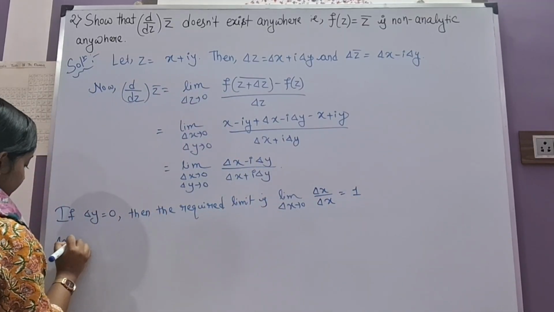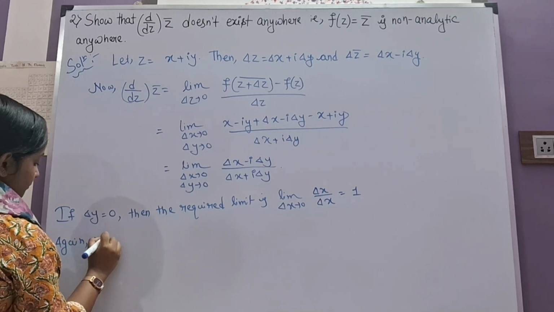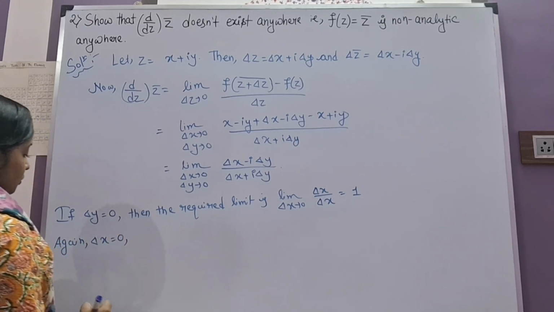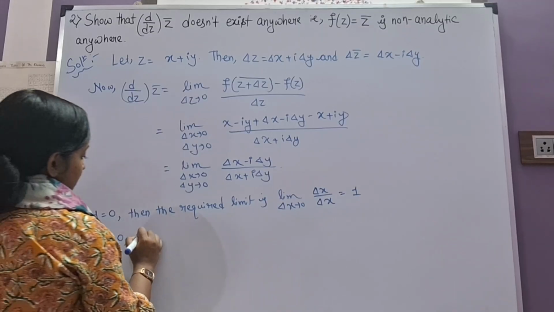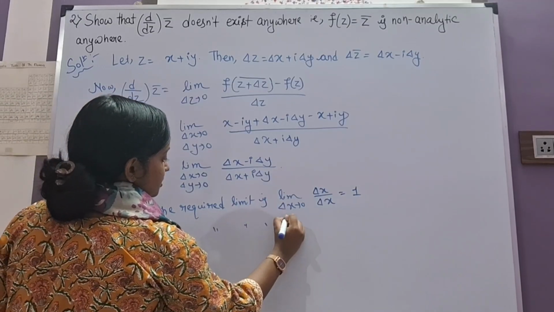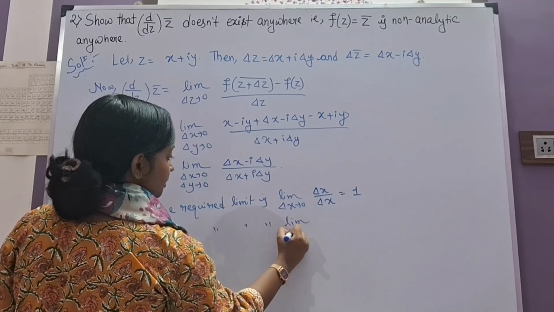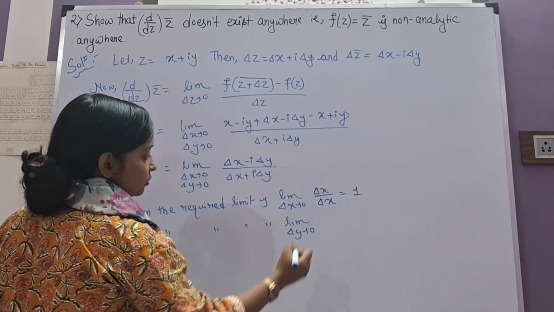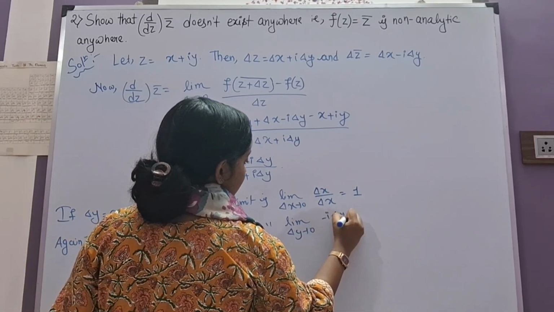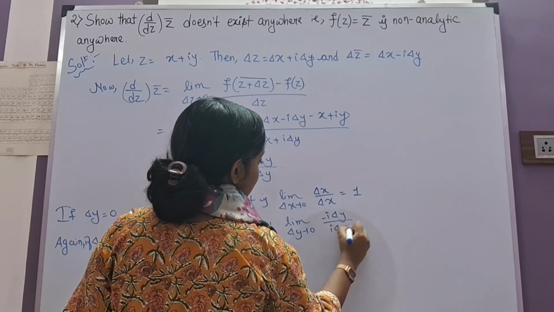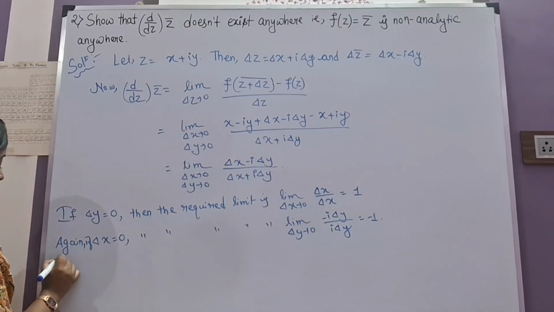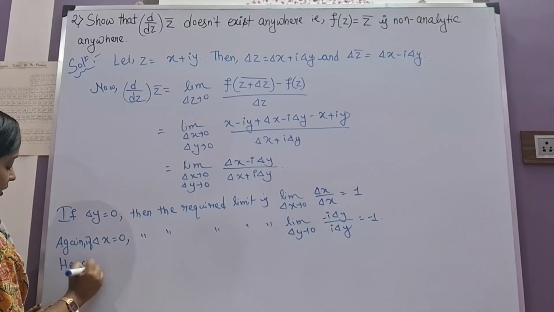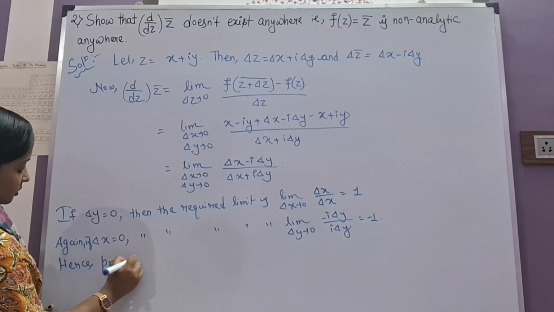Again, if we choose delta x equal to 0, then the required limit is limit delta y tending to 0, minus i delta y by i delta y, equal to minus 1. So since we are getting different results, the limit does not exist.